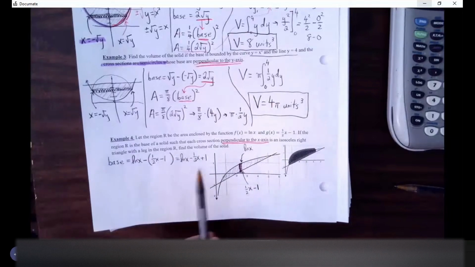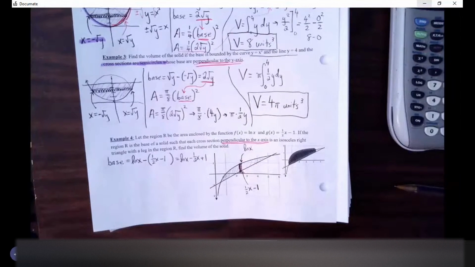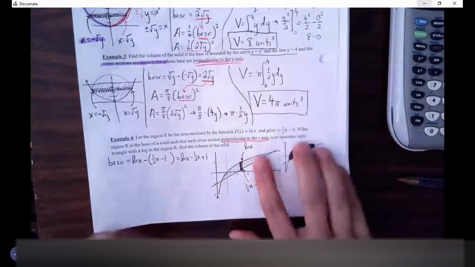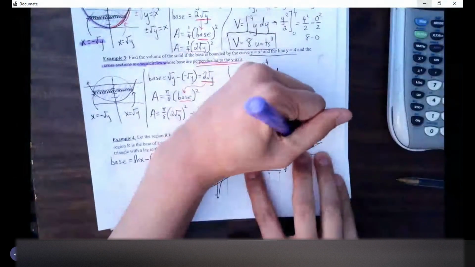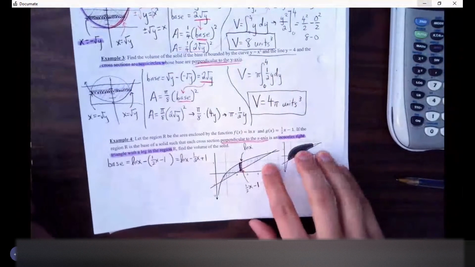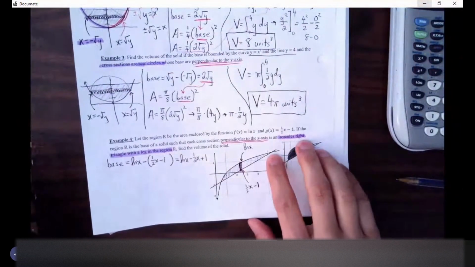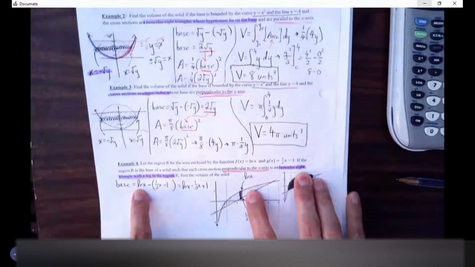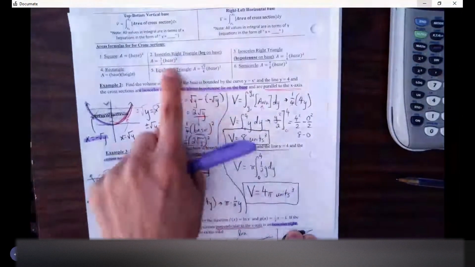Now that I have my base length, I have to decide what area I want to insert this base into. The area that I'm working with is an isosceles right triangle with a leg in the region. So let's go searching for that formula. Isosceles right triangle with a leg on the base.